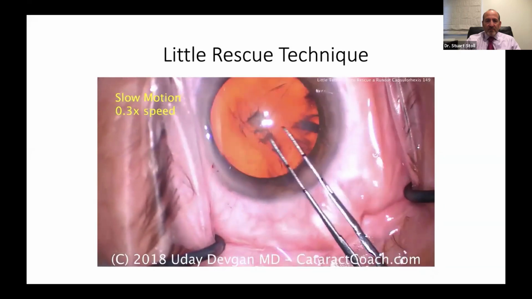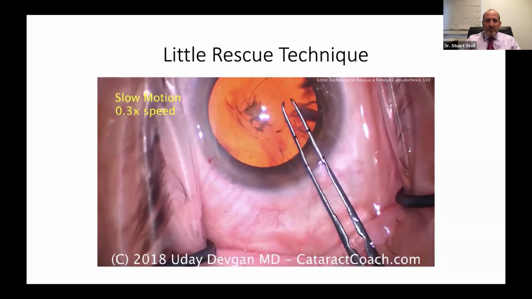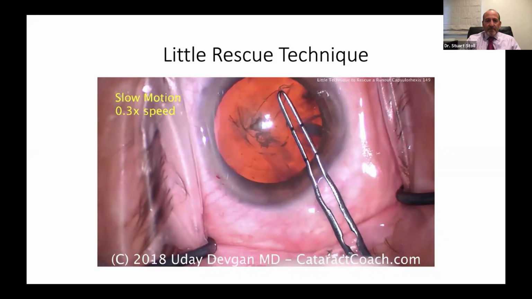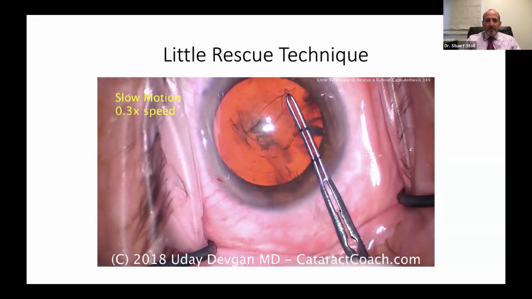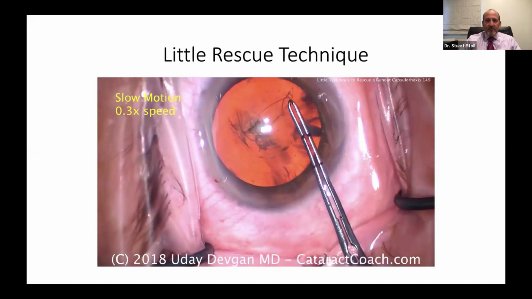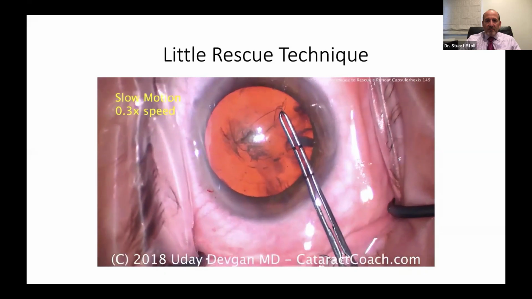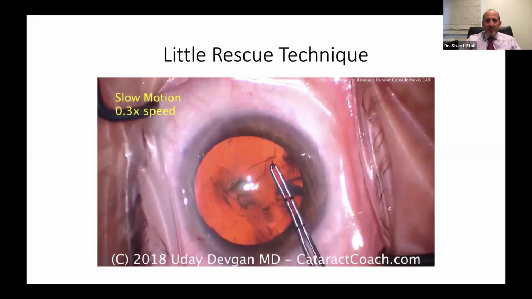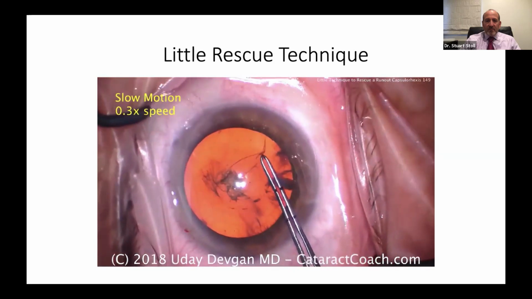Watch in slow motion. We have a run-out capsulorhexis and a small eye, shallow AC. We grab the capsule here, the part that's flipped over, and now we pull backwards towards our incision. Pull towards the instrument, the forceps. That will allow this tear to come back inward.